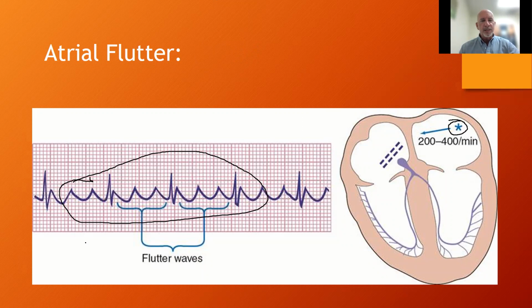So this is what atrial flutter looks like as opposed to atrial fibrillation. In fibrillation, it's all erratic and ugly looking. With flutter, it's a consistent looking P wave. And that means you have a single foci in the atrium that's going off as opposed to atrial fibrillation, which you have several foci going off all over the place.